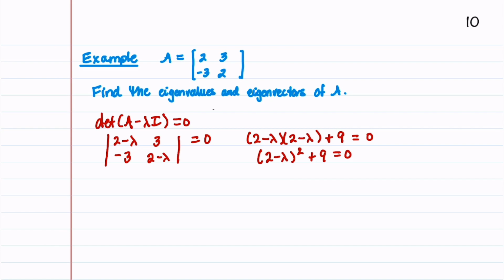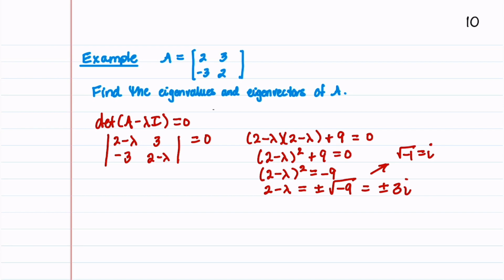Let's move the 9 to the right-hand side. If we take the square root of both sides, we get 2 minus lambda is equal to plus or minus the square root of minus 9. Let's remind ourselves that the square root of minus 1 is i. So this is plus or minus 3i.